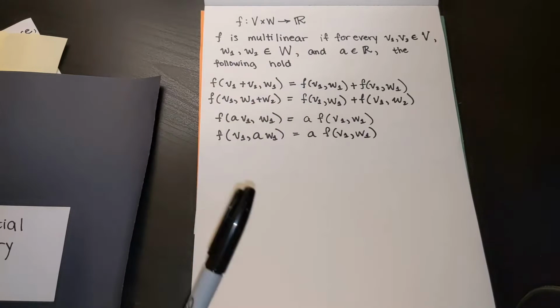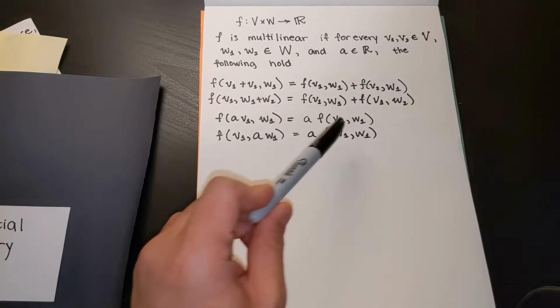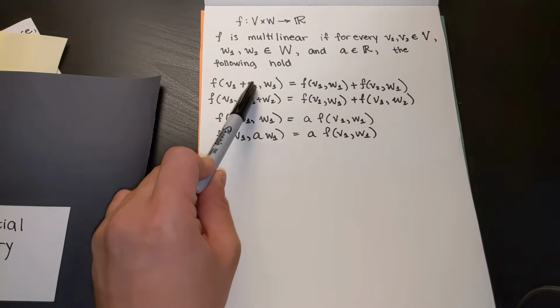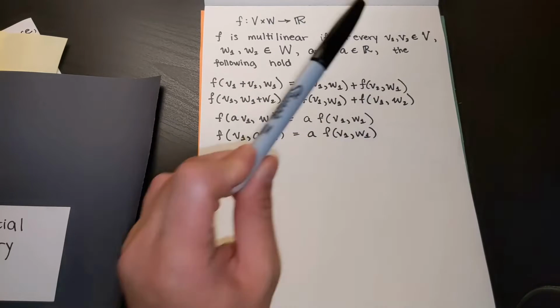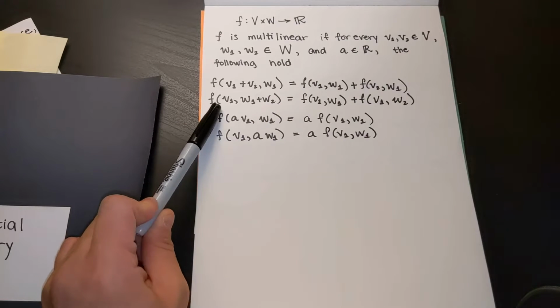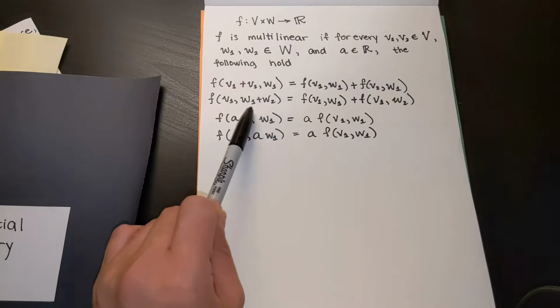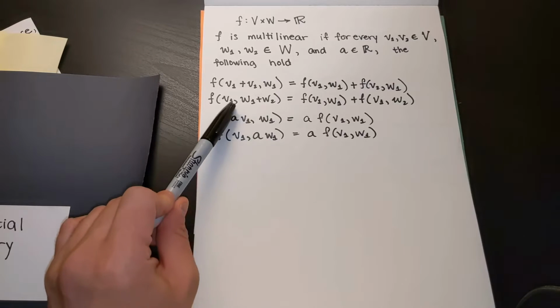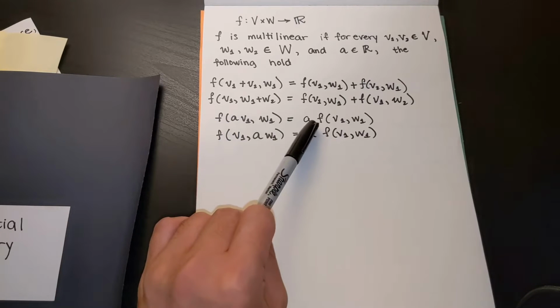What is multilinear? It's this. We can distribute F over the plus in V. We can distribute F over the plus in W. We can pull scaling of vectors out of F to outside.